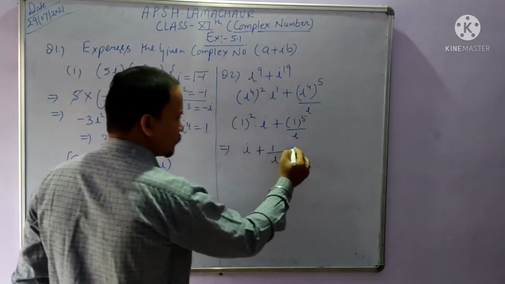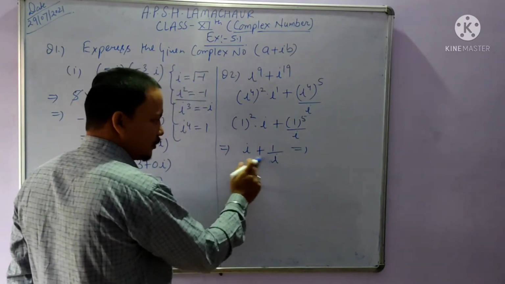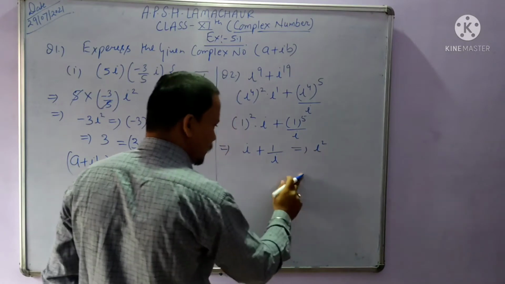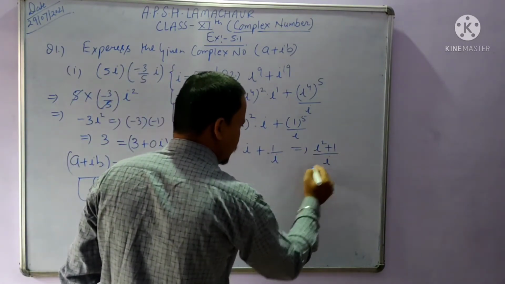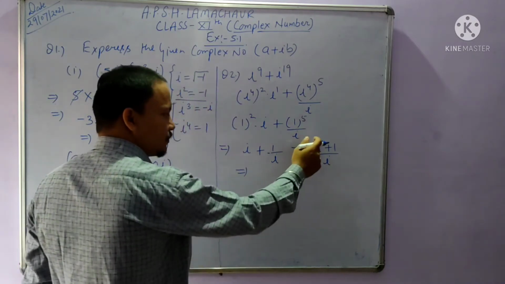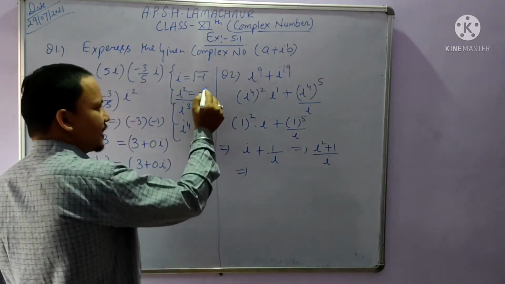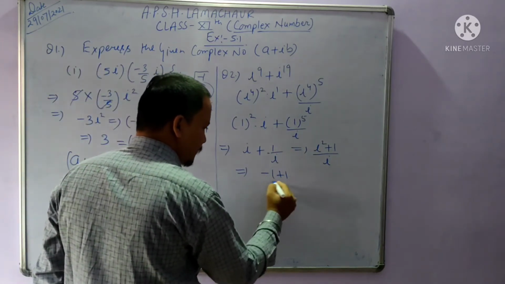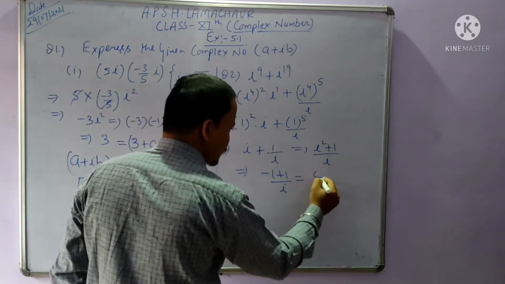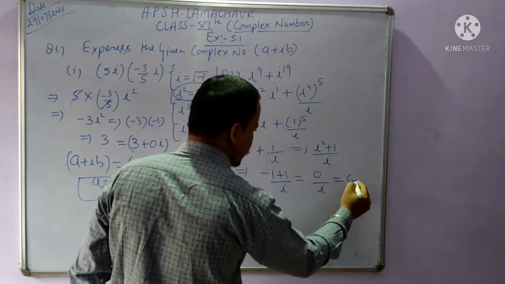Now on taking cross multiplication, this will be i into i, that is i squared, plus 1, divided by i. Since we know that the value of i squared is minus 1, substitute i squared as minus 1 here upon iota. So this will be 0 upon iota, which gives you 0.